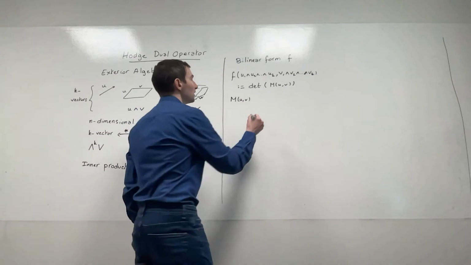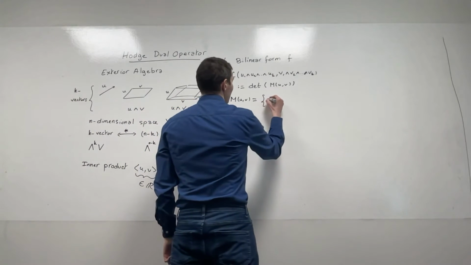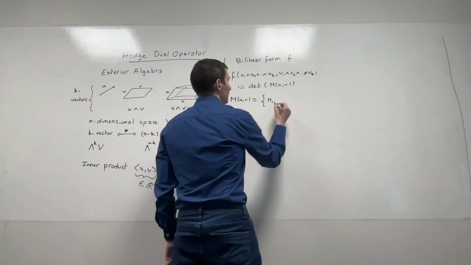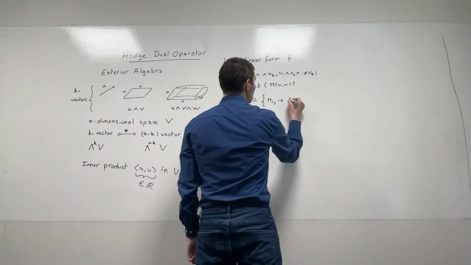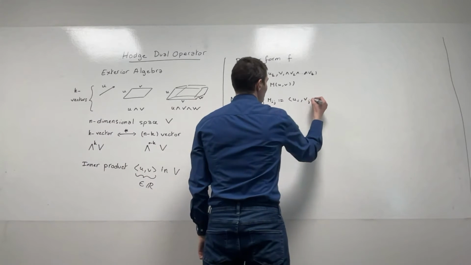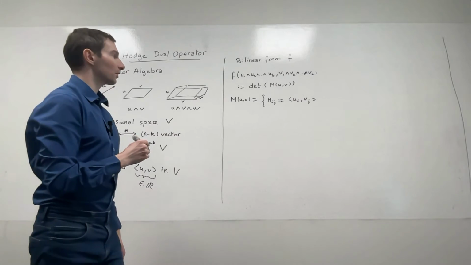Now, M(U, V) is actually equal to the set of elements that you're going to call M_ij, and by definition, these elements correspond to the inner product of u_i with v_j. Okay?